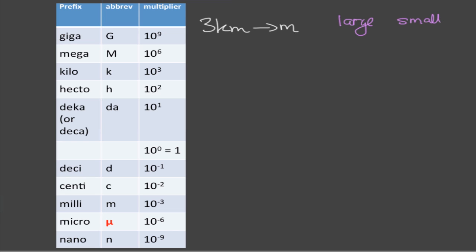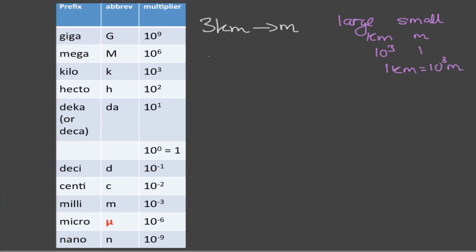The kilometers are large and meters are small. Kilometers, you will see from the table, go with 10 to the power of 3. Meters are the standard unit. So we can write 1 kilometer is 10 to the power of 3 meters.